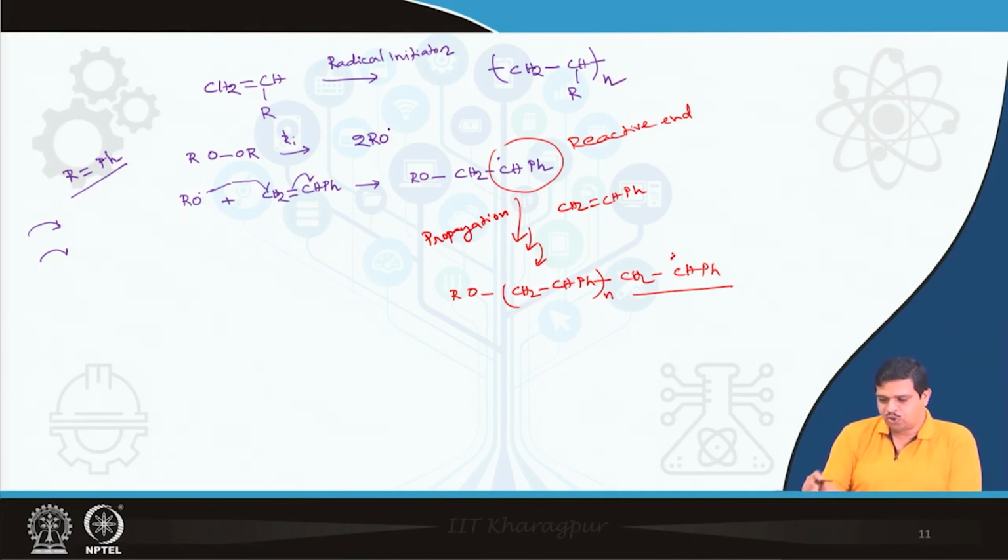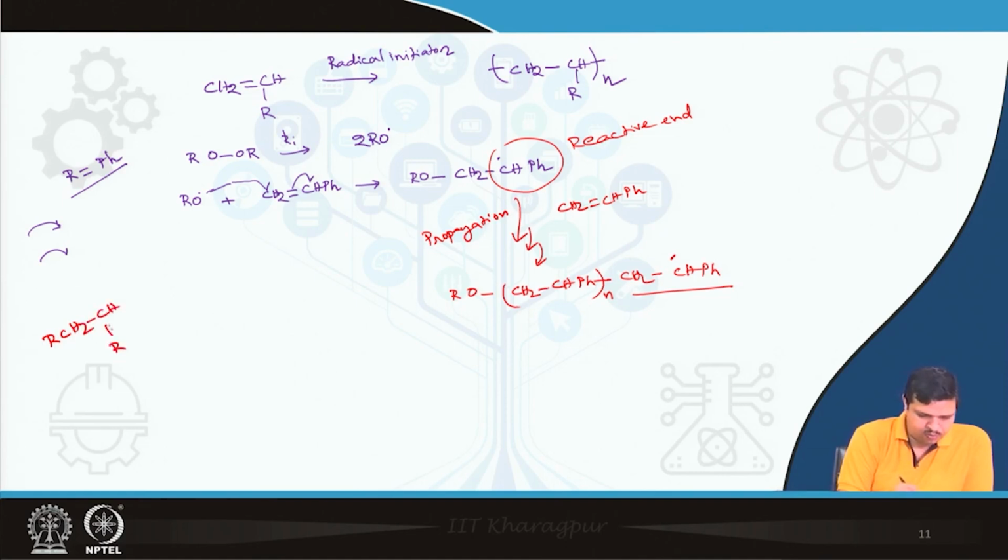I will show very briefly, but here we have to consider another important point: when this kind of radical species reacts with the monomer, CH2 to CHR, okay, I am putting this one here.